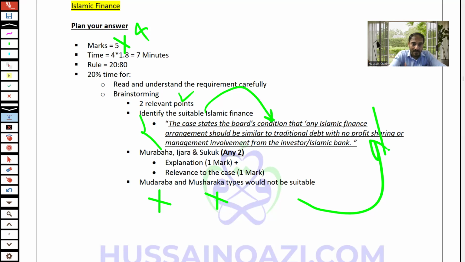But you can refer to Murabaha, Ijara and Sukuk, any two. One mark is simple rote learning, that's knowledge. The second part is application: how this is relevant to the case.